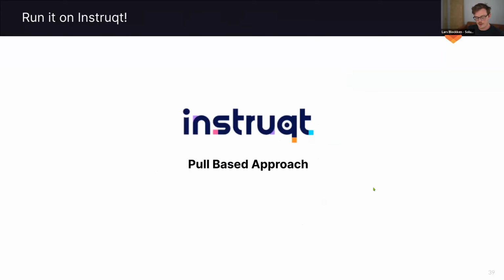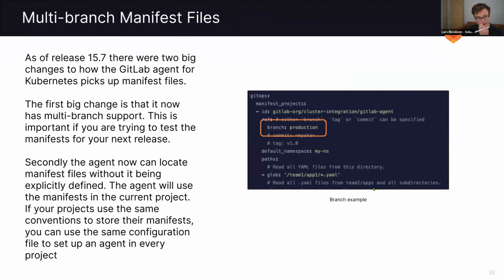All right. One of the things that we also just recently changed, and I will also show you today in the pull-based approach, is that you can now use the Kubernetes agent for multiple branches. So it has multi-branch support.